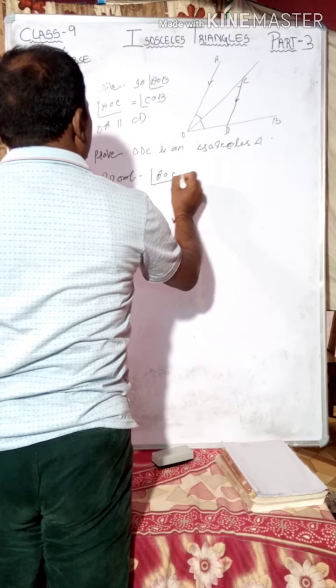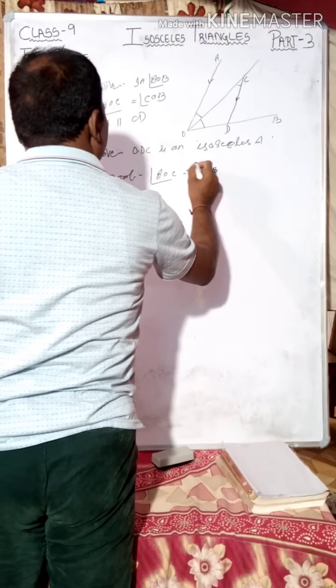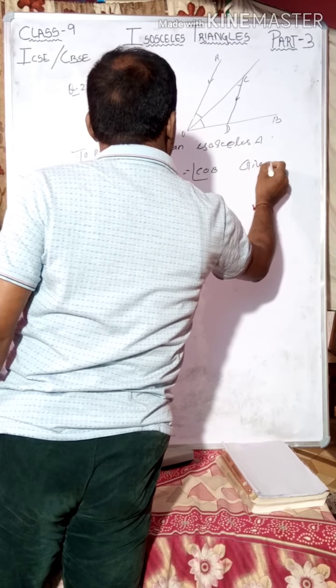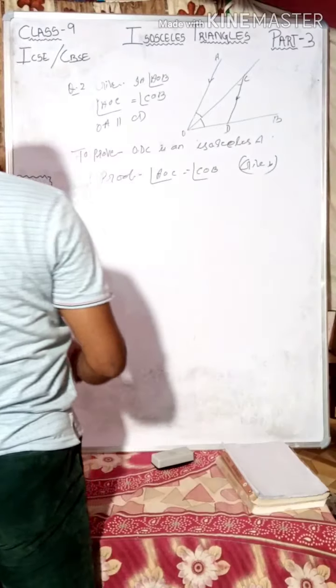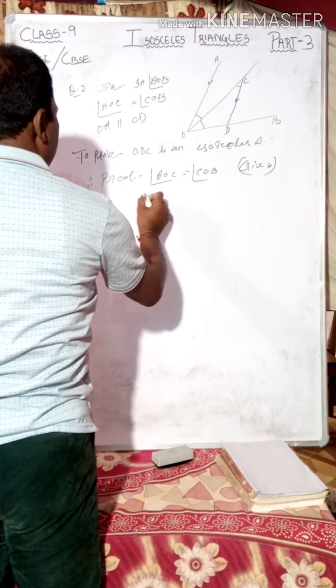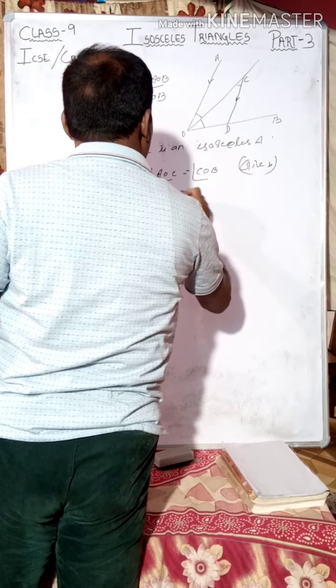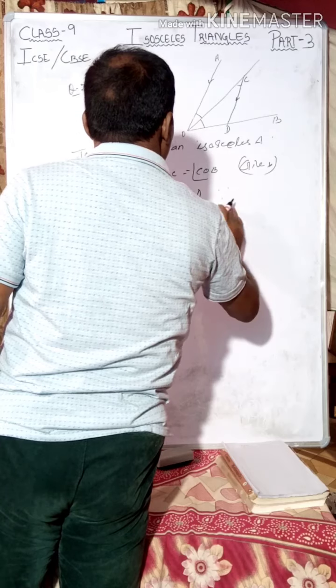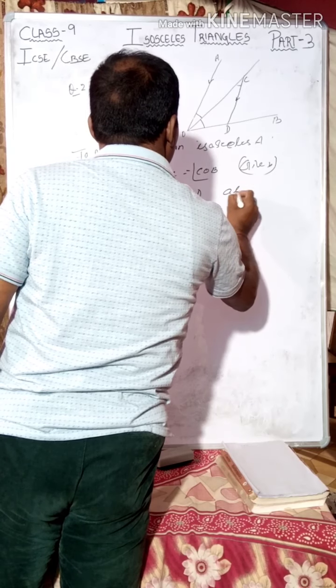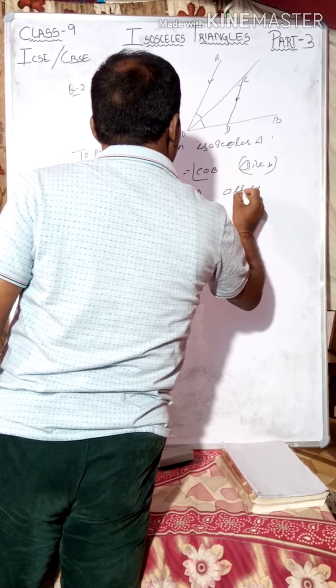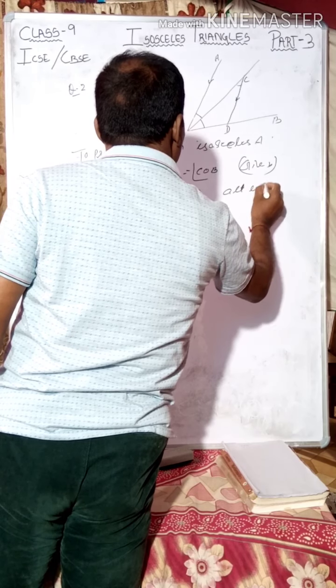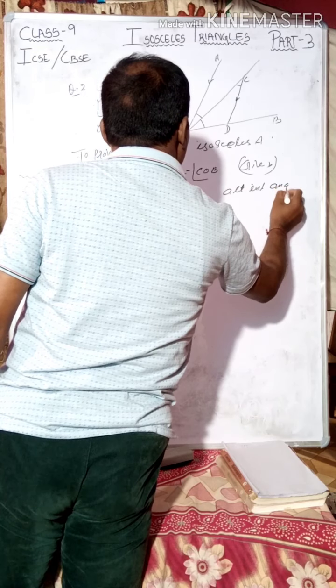AOC is equal to COB, given. AOC is equal to OCD, alternate interior angle.